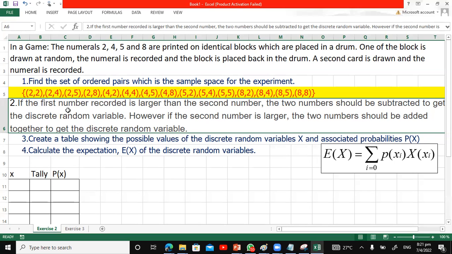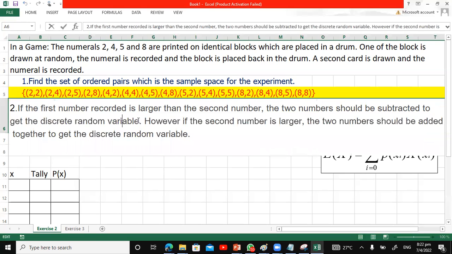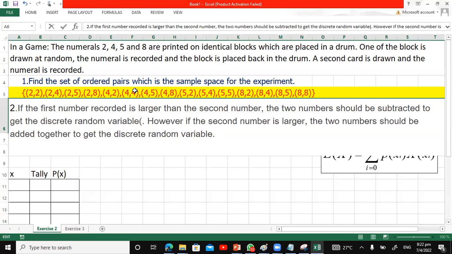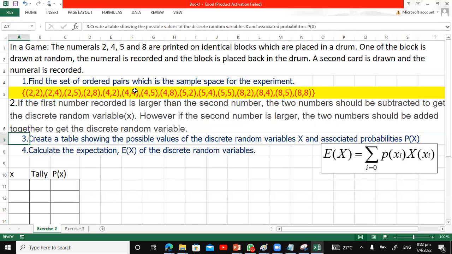All right, now let's go down to the random variable. Now we're told that if the first number recorded is larger than the second number, the two numbers should be subtracted to get the discrete random variable. The discrete random variable is identified by x. All right, you should know that by now. However, if the second number is larger, then the two numbers should be added to get a discrete random variable.